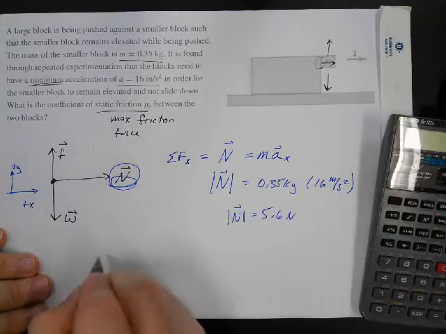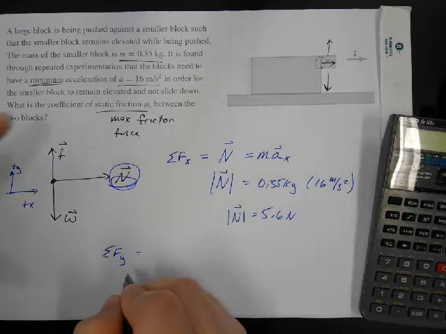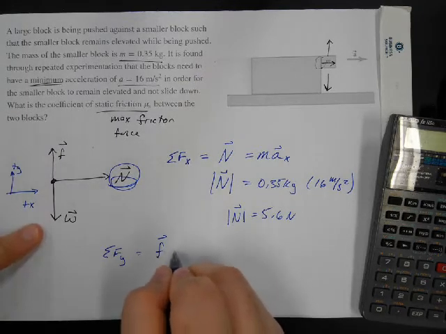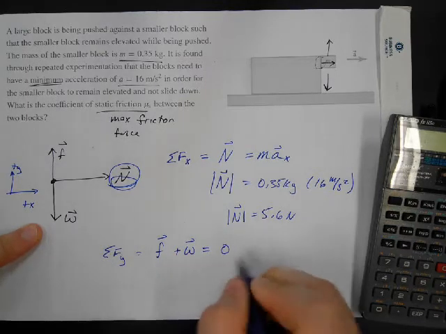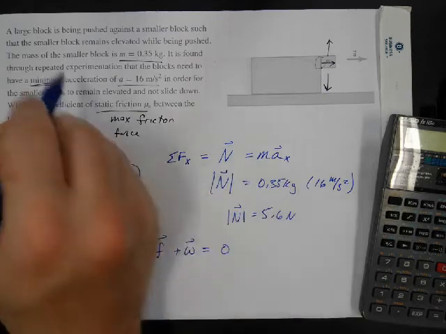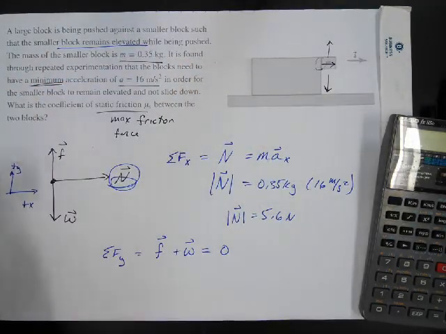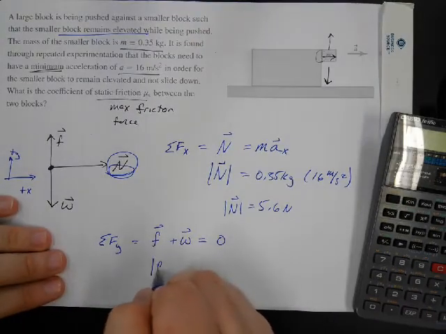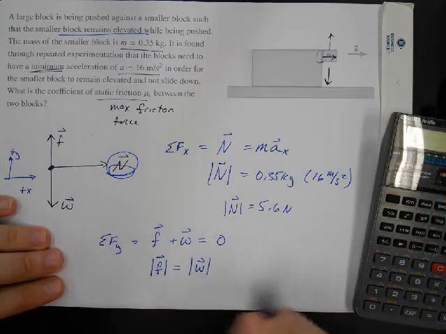So now we can do sum of the forces in the y direction. The positive force is the friction. The negative force is the weight. And that equals 0, because from the problem, it is staying still. It's not moving. So our friction force equals the weight force.